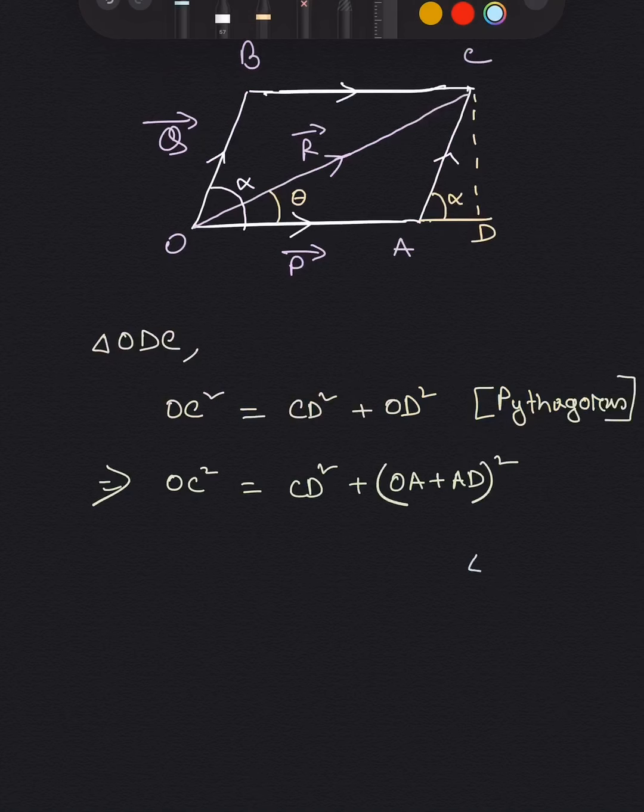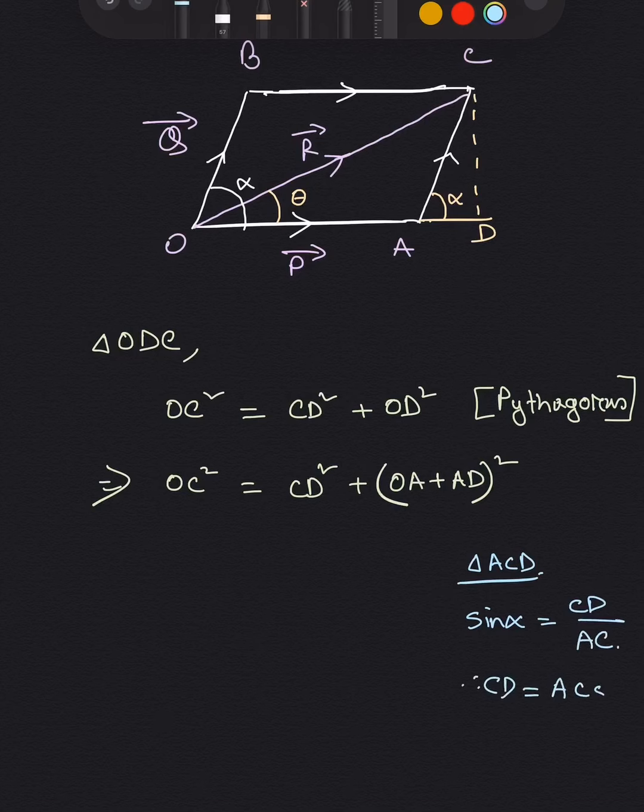From triangle ACD, by applying trigonometry, we get sine alpha equals perpendicular by hypotenuse, which is CD by AC. Therefore, CD equals AC sine alpha. AC is denoted by the vector Q, since AC vector and OB vector are equal vectors. So CD equals Q sine alpha.